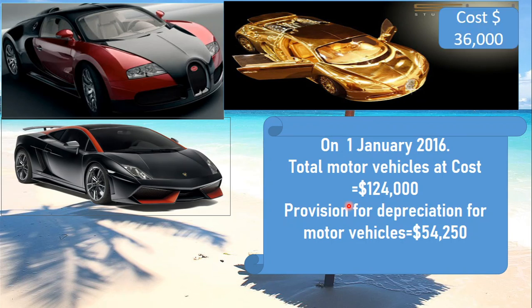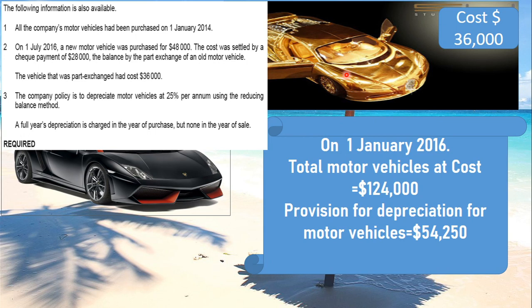Let's move further. The original cost of this yellow motor vehicle is 36,000. The following information is also available: all the company's motor vehicles had been purchased on 1 January 2014, and the data given here is on 1 January 2016.